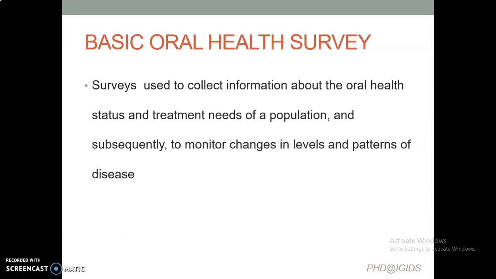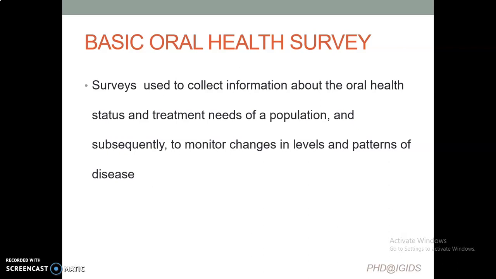Next, WHO has also recommended a survey known as the Basic Oral Health Survey. Now, what is this Basic Oral Health Survey? It is a survey method to collect basic information about oral health status and treatment needs of a population. Likewise, as I told you for index age groups, WHO has given us a proforma.